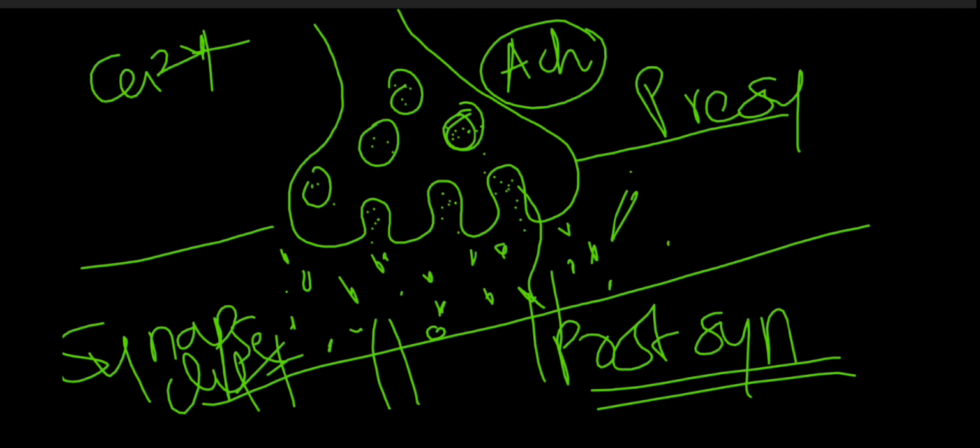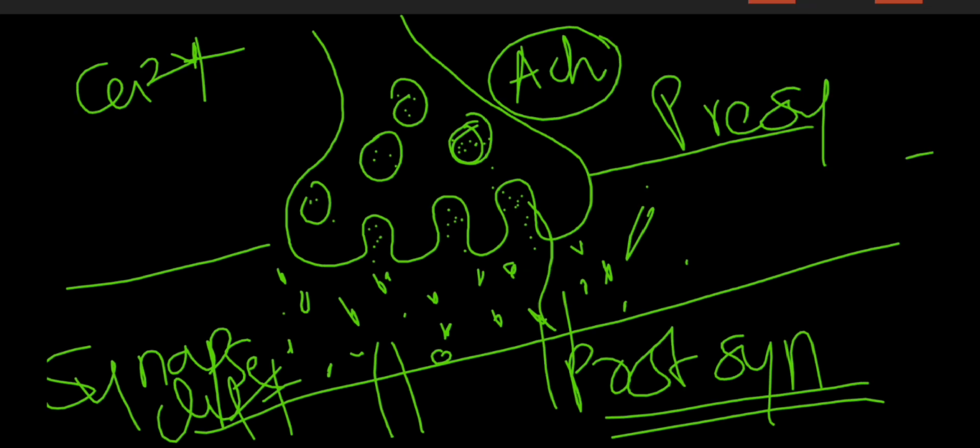They will bind to these receptors at the postsynaptic membrane and help in the transmission of the impulse. Because of these receptors, the sodium channels will open and depolarization takes place.